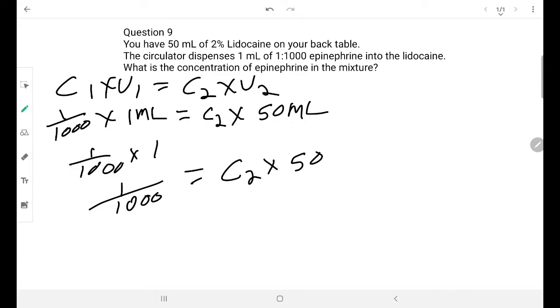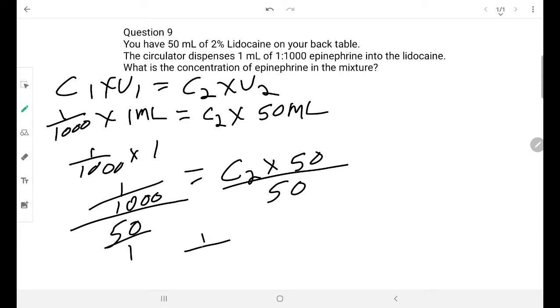So then we're going to divide both sides by 50. So C2 will be 1 to 1,000, and we can flip this 50 over 1 and multiply it. Since to divide that fraction, it will now be 1 over 50.